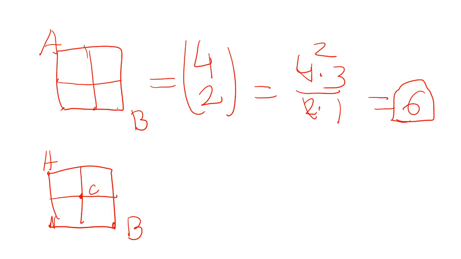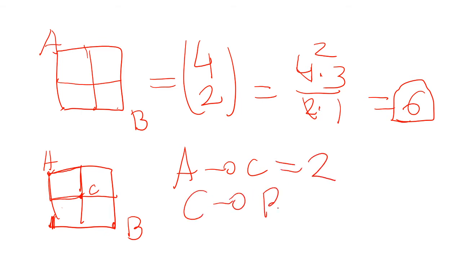So in this problem, first we're going to try to go from A to C. To get from A to C, well, this is just a square, so there's two ways we can do that. And to get from C to B, we have 1, 2. And we have two ways to get from A to C, two ways to get from C to B.